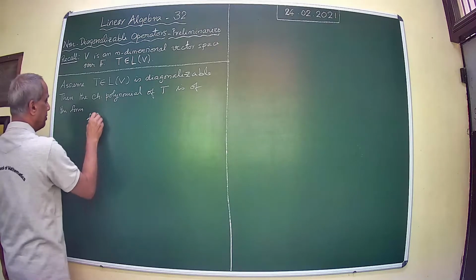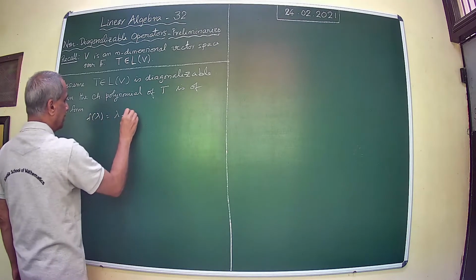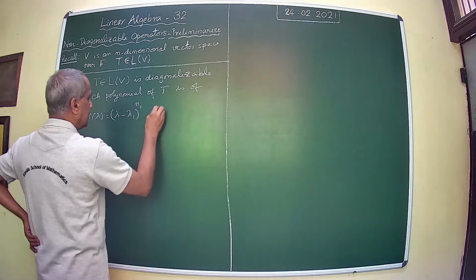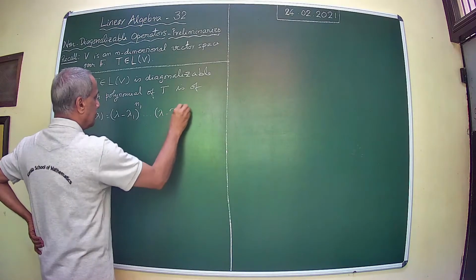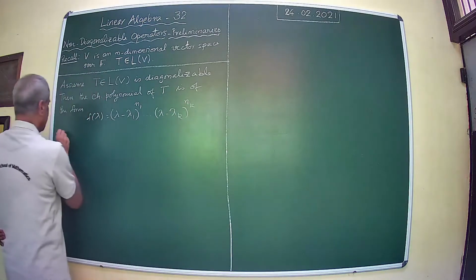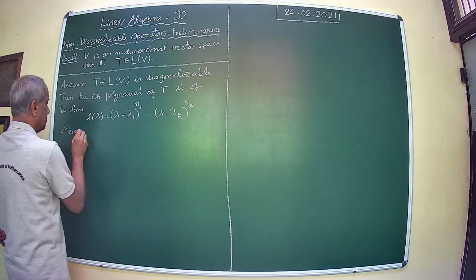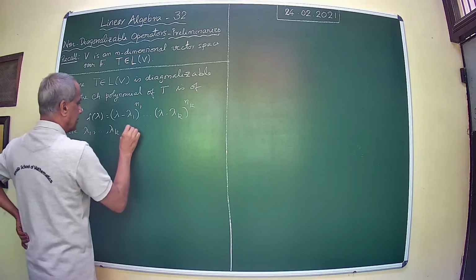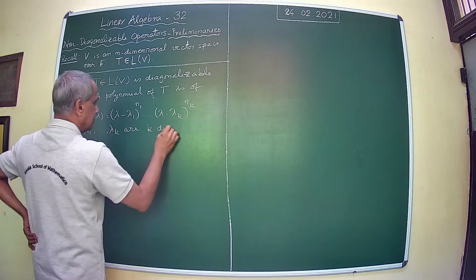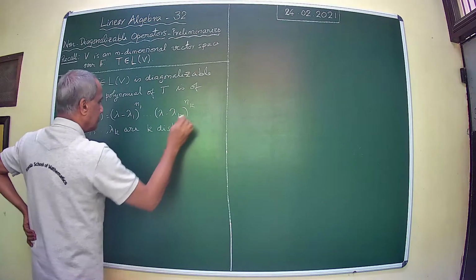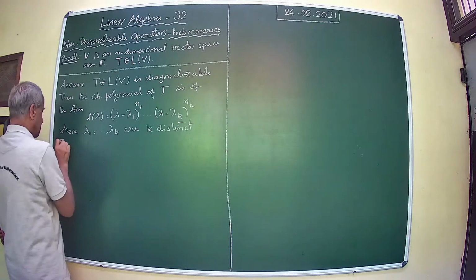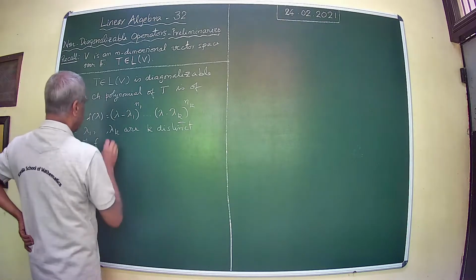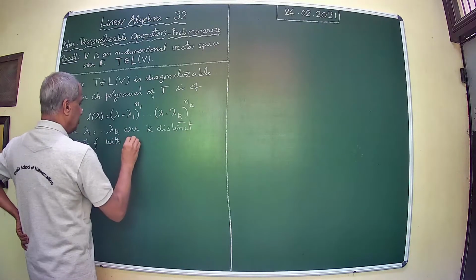f of lambda equal to (lambda minus lambda 1) to the power n1 and so on, where lambda 1, ..., lambda k are k distinct zeros of f with respective multiplicities.